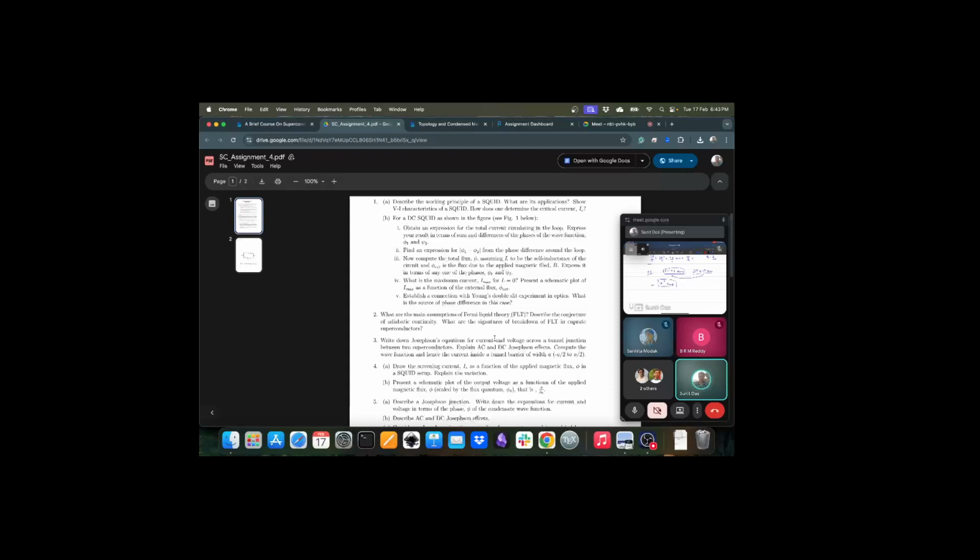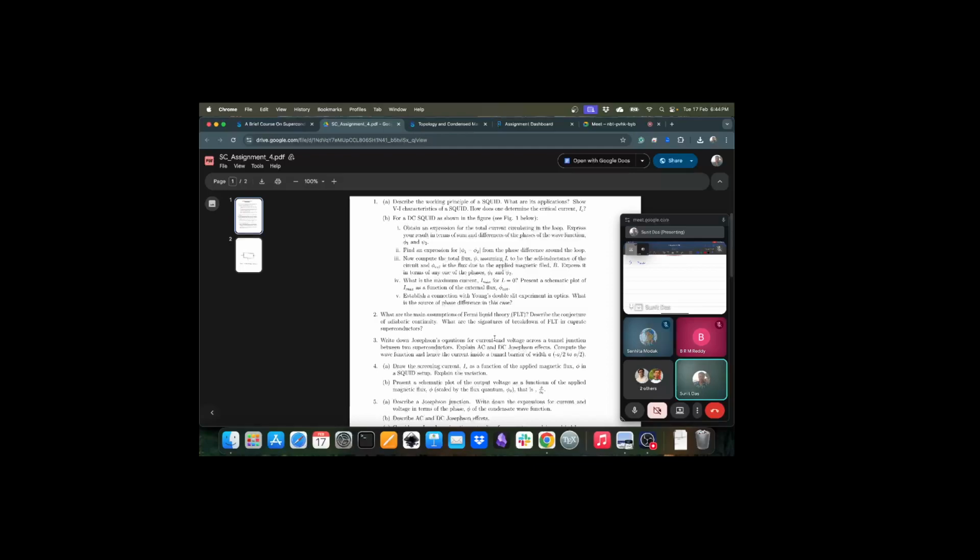The assumptions of Fermi liquid theory: there are quite a few, but the key assumptions are, first, the Pauli exclusion principle remains valid even in the presence of interaction.